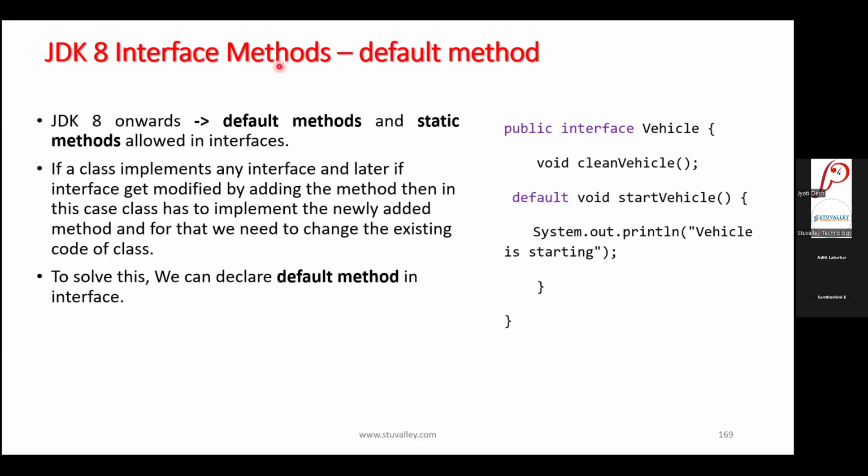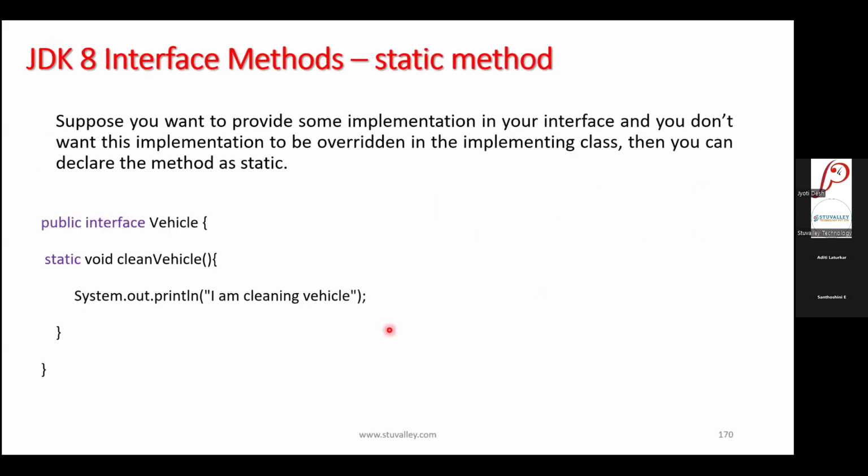Without this default keyword, you cannot write this method body. So whatever default implementation you want to give to this method, you can give it here inside an interface. So this is the use of default method.